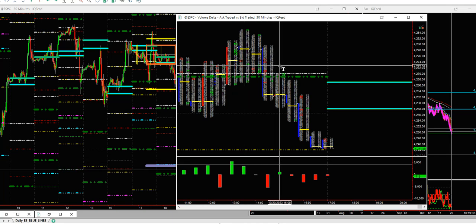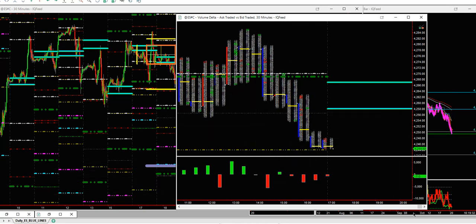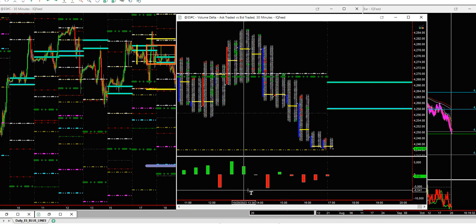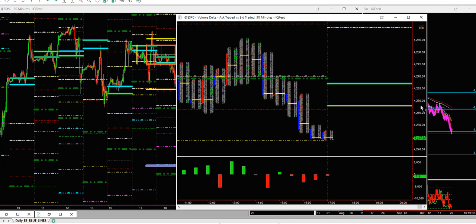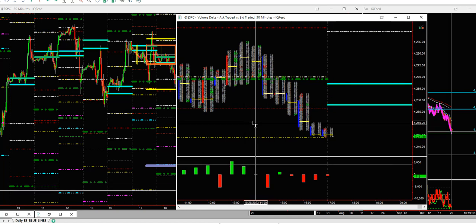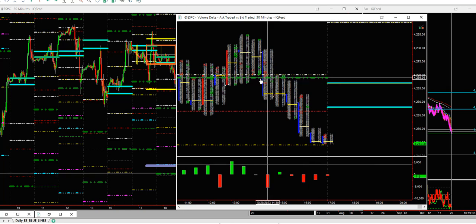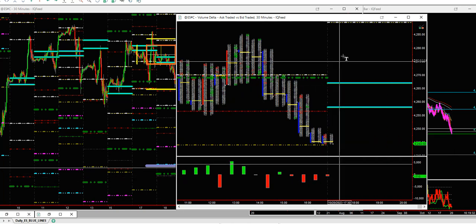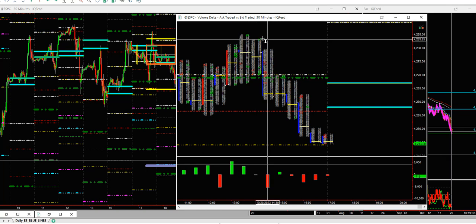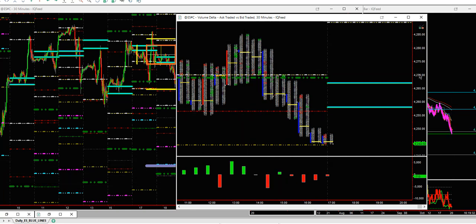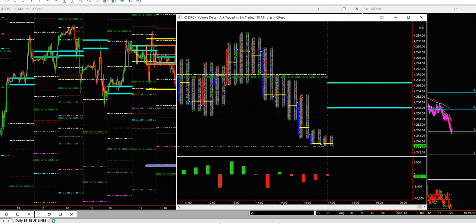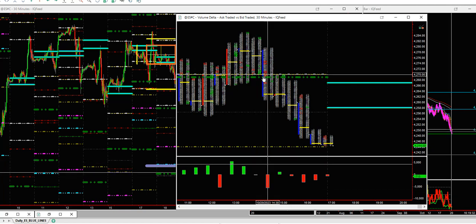So go to multi-chart because this is free. And this is a 30-minute chart. And this is a chart which is like EasyLanguage based, not .NET based, which has a lot more signals automatically printed.